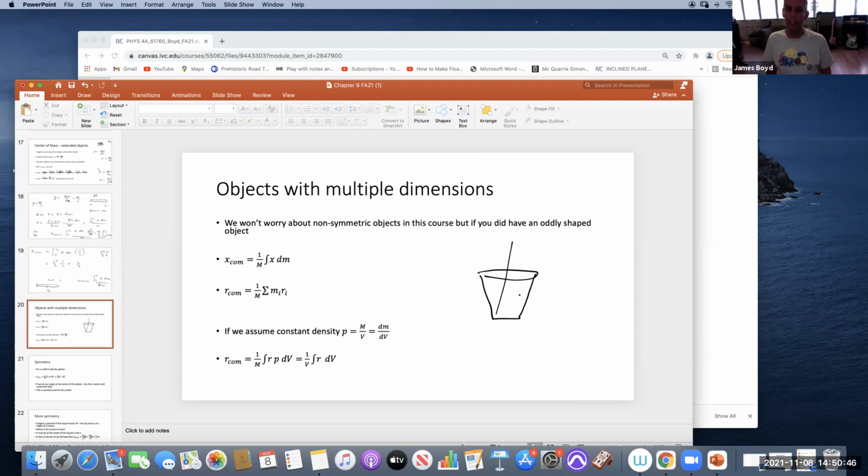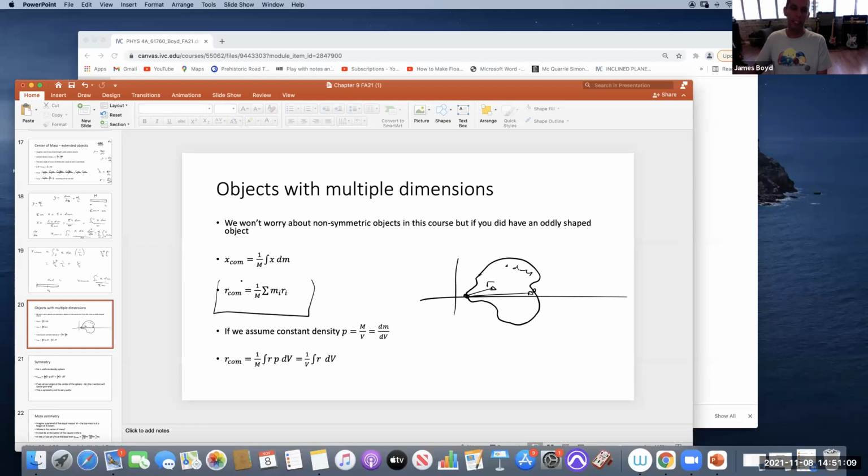But if you did have an oddly shaped object, let's say some weird object sitting here at the origin, in order to find the center of mass you would have to figure out what the R vectors are to each little dm, and you would end up getting this.